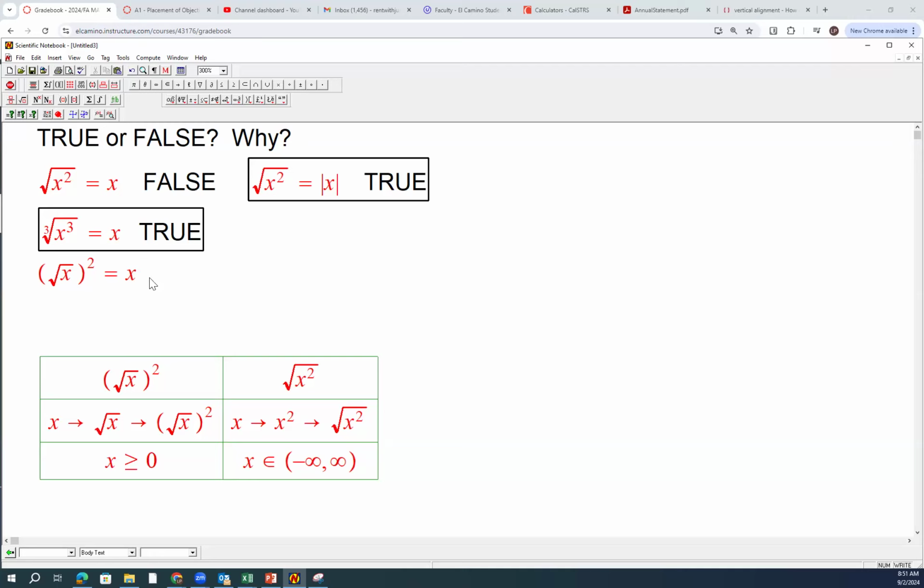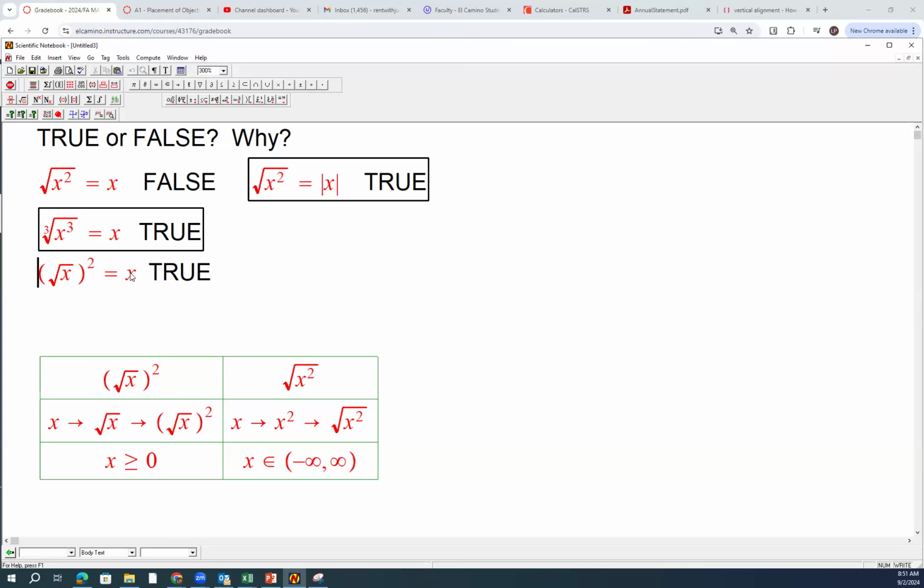Is it true? Yes, it is true. You can try different numbers, but this time the number you try has to be in the domain, and it is true. So this is true.